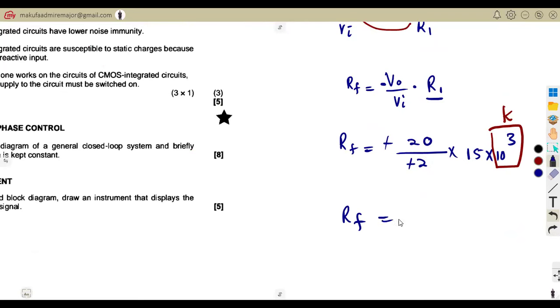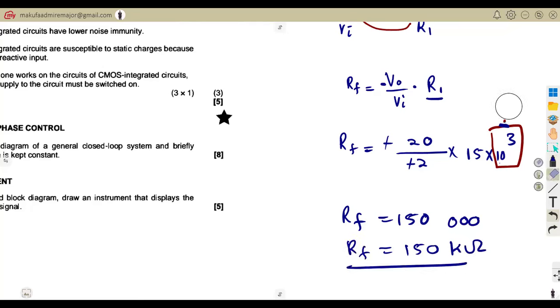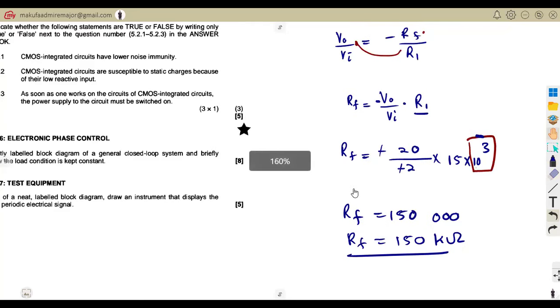So it is going to give us 150 kilo, the 1,000 simply means a kilo. So that is 150 kilo ohms, the value of RF that you were asked to determine. It was just a matter of substitution.